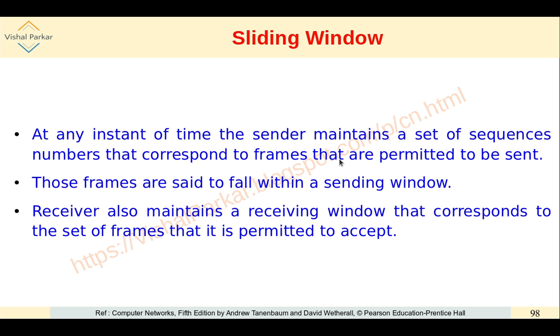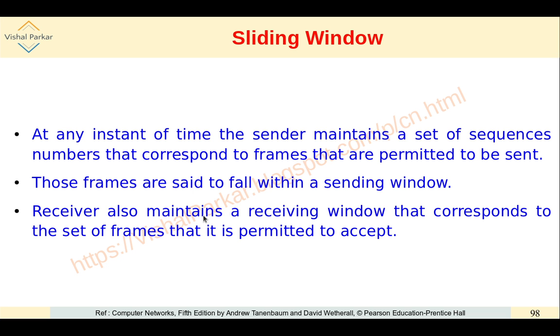Now there will be sequence numbers corresponding to those 3 frames. And once those 3 frames have been sent, the sender can then move on to send the next 3 frames. So those frames are said to fall within a sending window, which are the frames allowed to be sent by the sender.